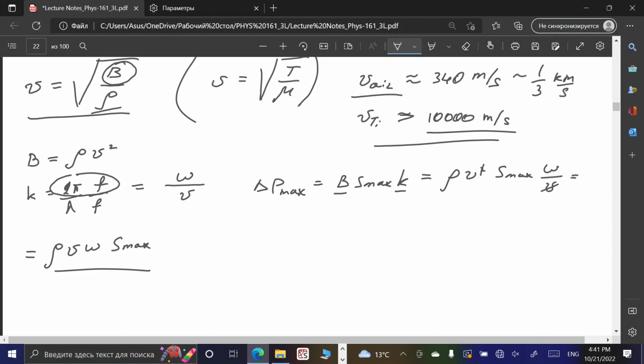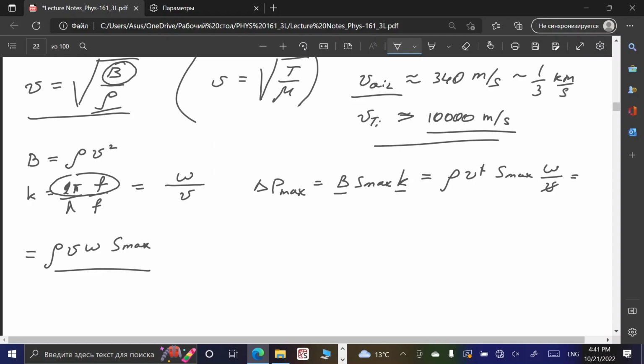So that is angular frequency and amplitude. That is valid for any type of waves, including even electromagnetic waves, which have a completely different physical nature, but also the amount of energy which they transfer through the cross section of some area, like some space, per unit time, will be proportional to frequency and amplitude in second power.